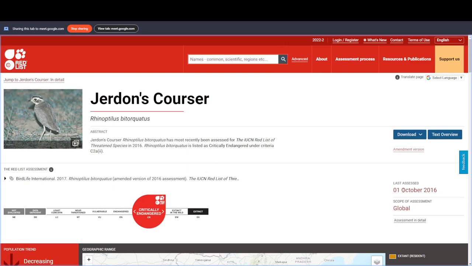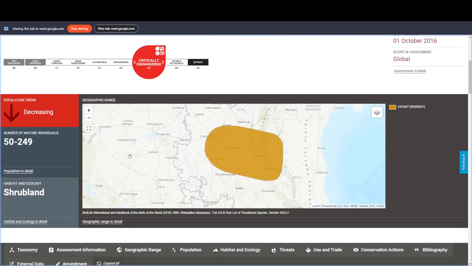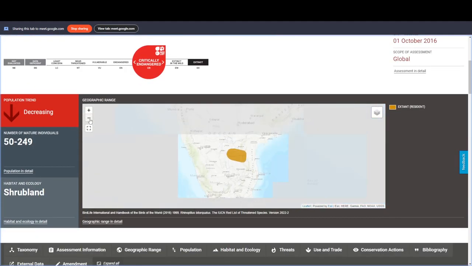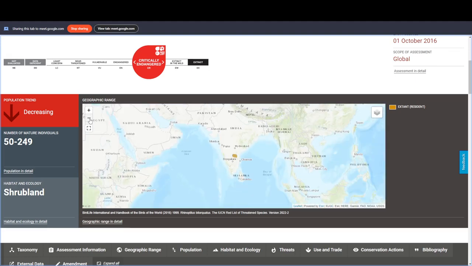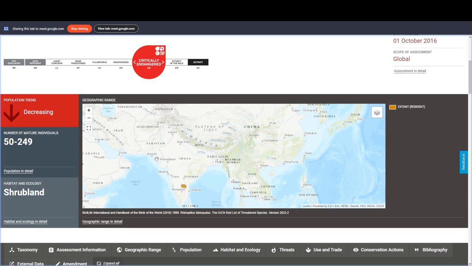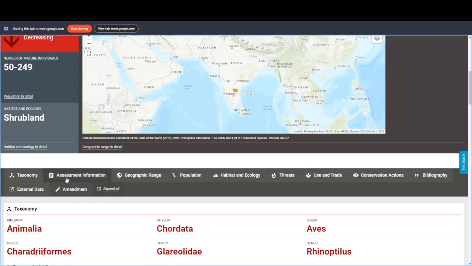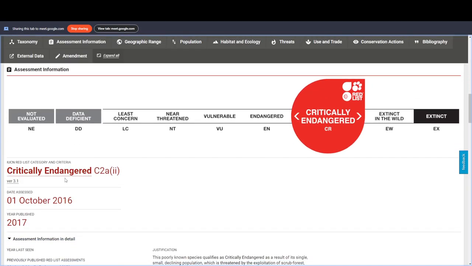So it was basically last assessed in October 2016 in detail, right? And this is the area where it is found. So if I zoom out and just leave India, you can clearly see this tiny area that it is found in, right? And I have various different ways of seeing information out here.